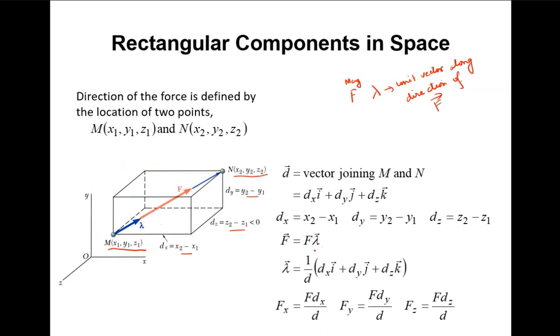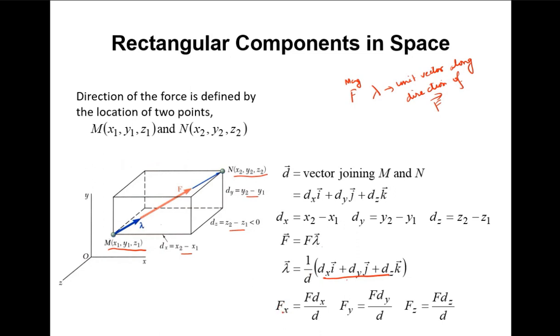So what will basically be lambda? The vector d divided by its magnitude. We have discussed it in the last class. So from M to N, I find out a vector, I find out a unit vector, and I just multiply the magnitude with that, right? So it is just written in a little bit sophisticated manner. That's the same thing, right?